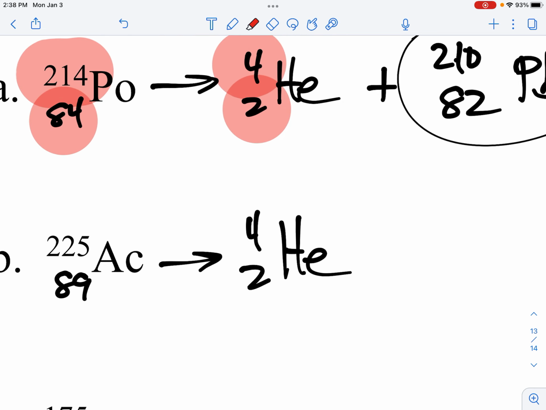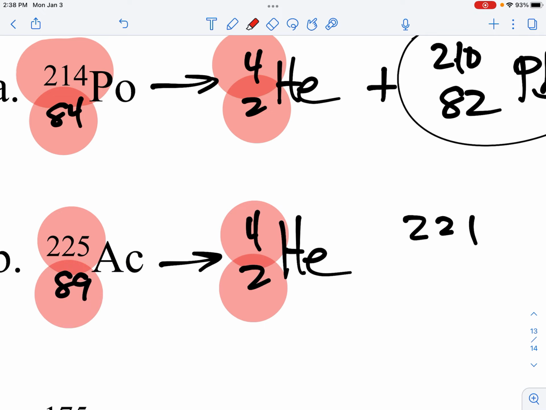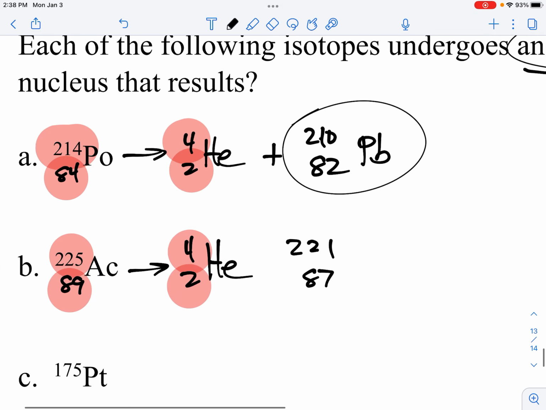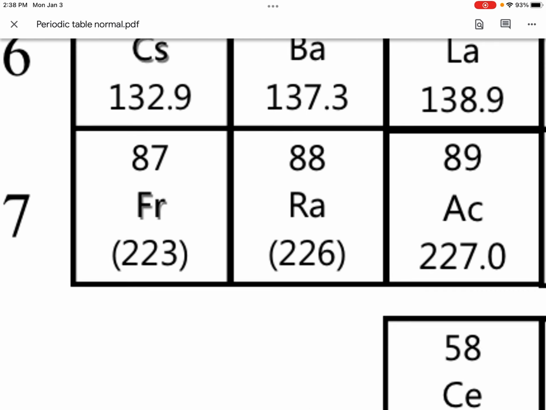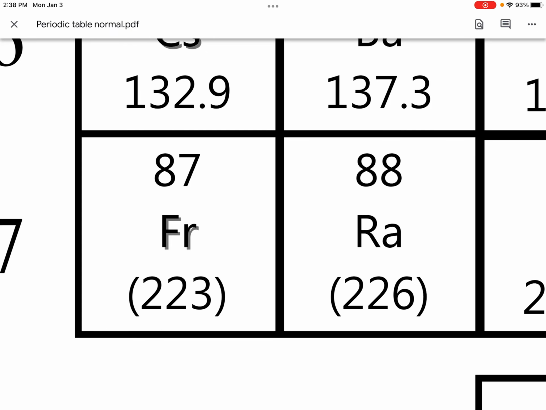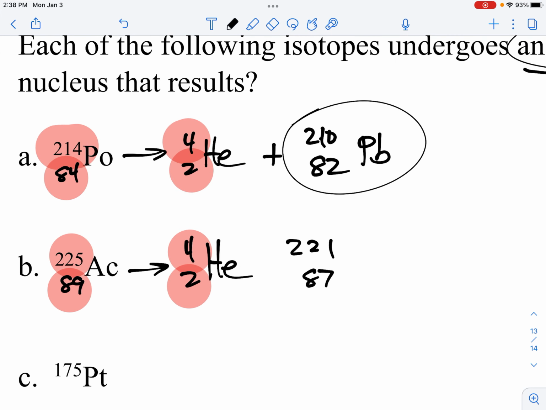So if I started with 225 and I lost 4, that's going to leave me with 221. And then if I started with 89 and I lost 2, then that's going to drop me down to 87. And if I'm at 87, then that would be the element francium, Fr. So that would be your daughter nucleus that would come from this.